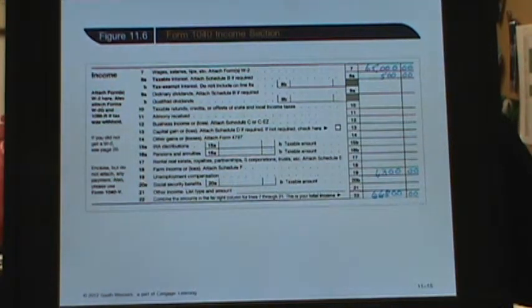Anything you have in the form of W-2, so your salary, wages, etc. Taxable interest, if you made any interest over $400, I believe, you write it down. Unemployment compensation is taxed, and then you combine them all together to get your income, and then you're going to subtract an IRA deduction.